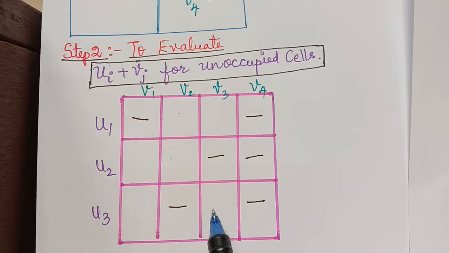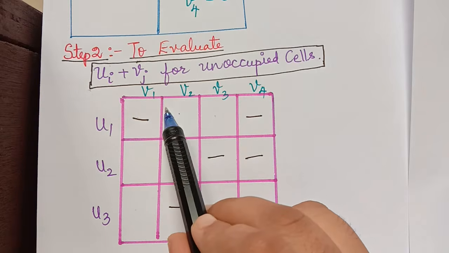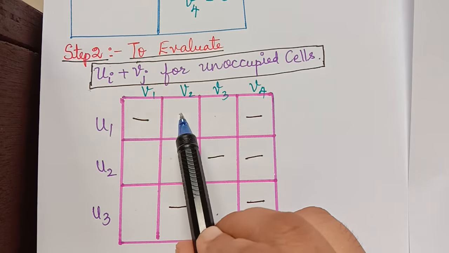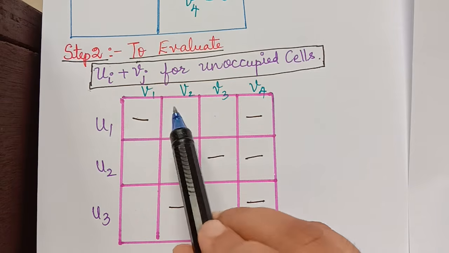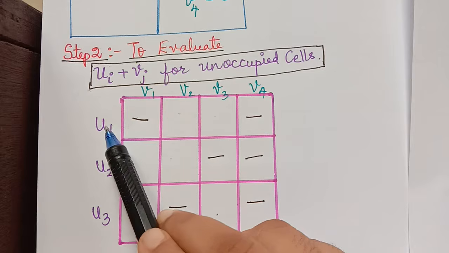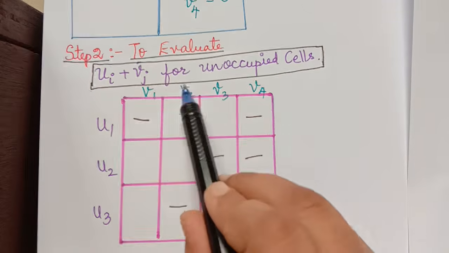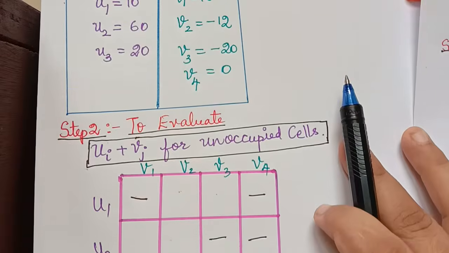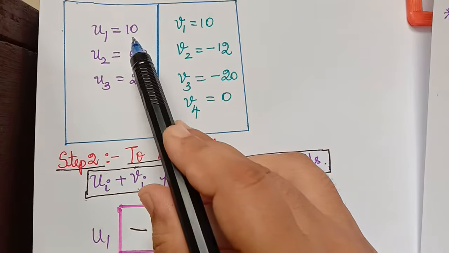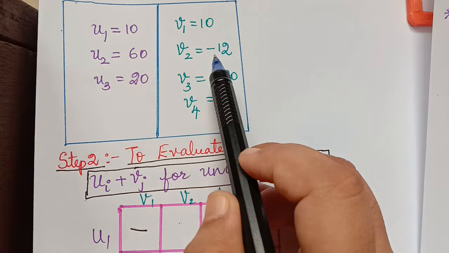Now how to fill these cells? The cell evaluation for an unoccupied cell is the addition of the corresponding row and the corresponding column values. So here we have u1, here we have v2. So what is the addition of u1 and v2? If you check here, u1 is 10, v2 is minus 12.